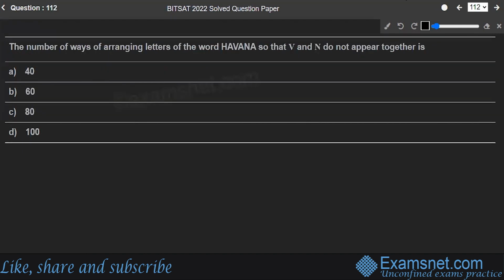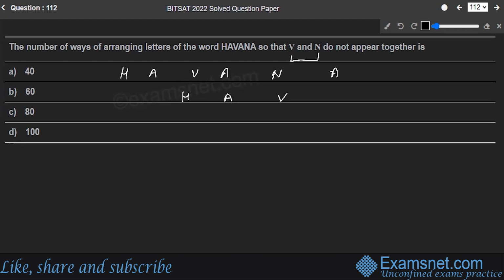Question number 112. The number of ways of arranging the word Havana so that V and N do not appear together is. Okay, Havana has H, A, V, A, N, A. These are the 6 letters Havana has, and the different letters are H, A, V, N. You have given the condition that V and N should not come together.